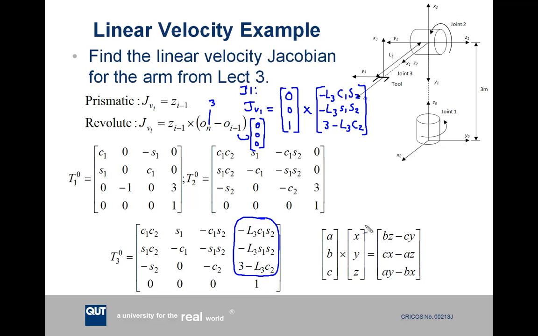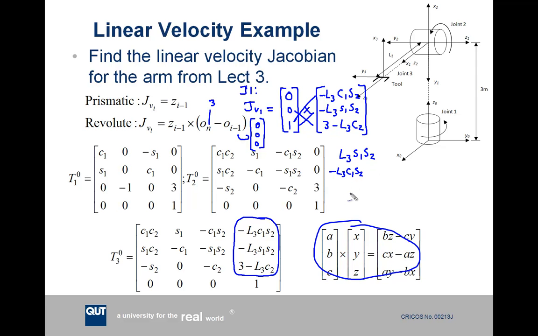And then we've got to use this fancy cross product rule. The first row is B Z minus C Y, so it's that minus that, which becomes L3 S1 S2. The second row is C X minus A Z, so C X, which is minus L3 C1 S2, minus A Z, which is 0.